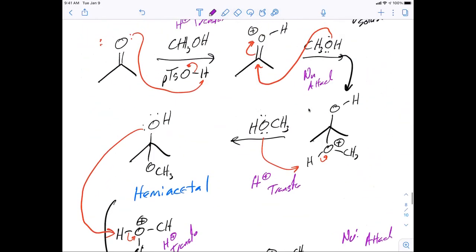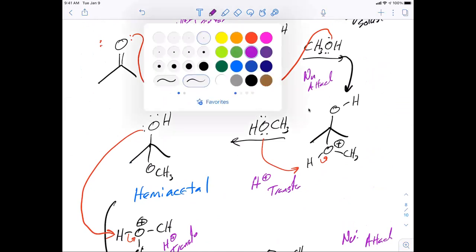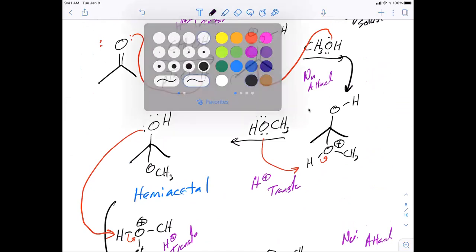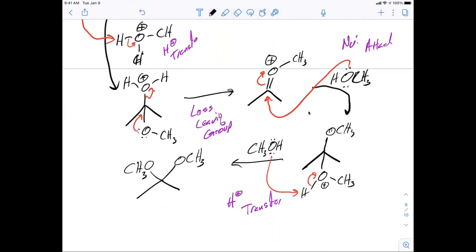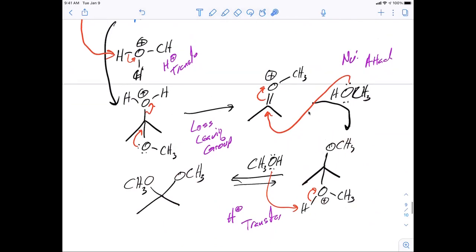The other thing to note about this mechanism is that all of these steps are reversible. So could I reprotonate, could I take the ketal here and reprotonate it to make this species? Yes, if I had acid in solution, I could do that.